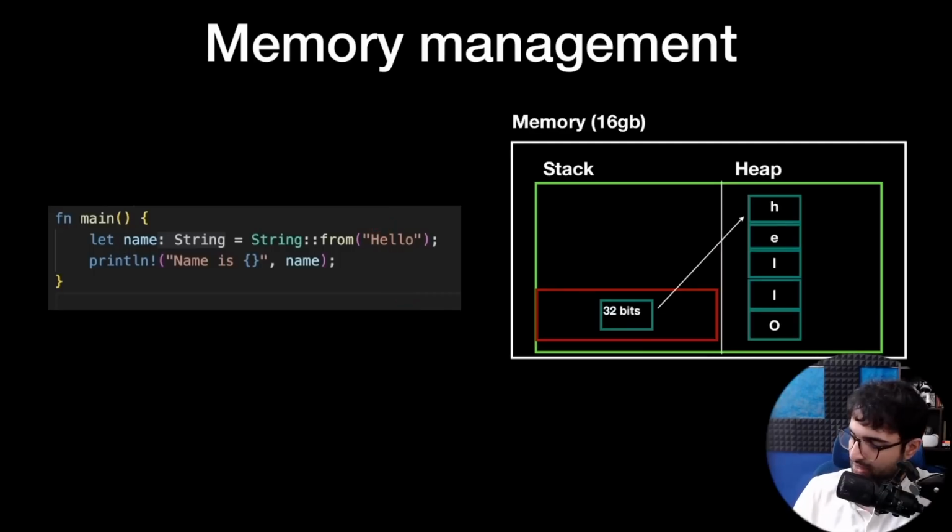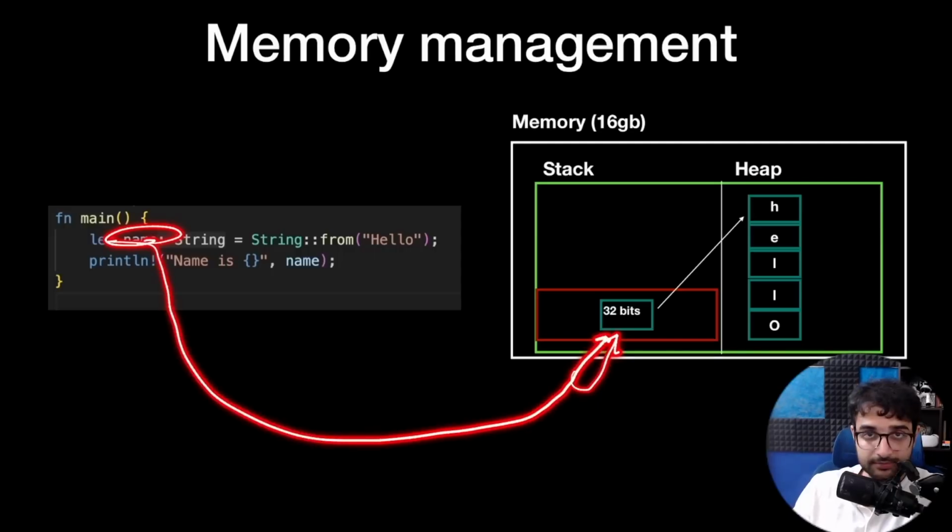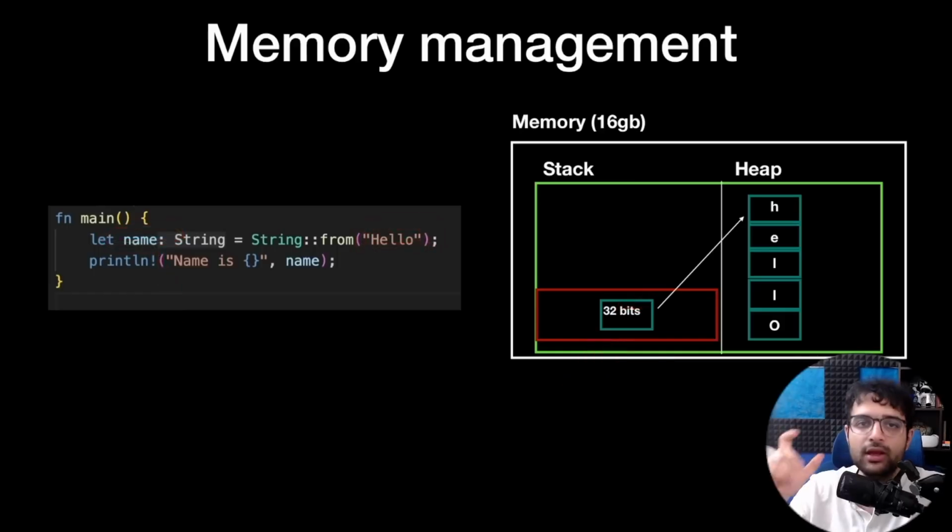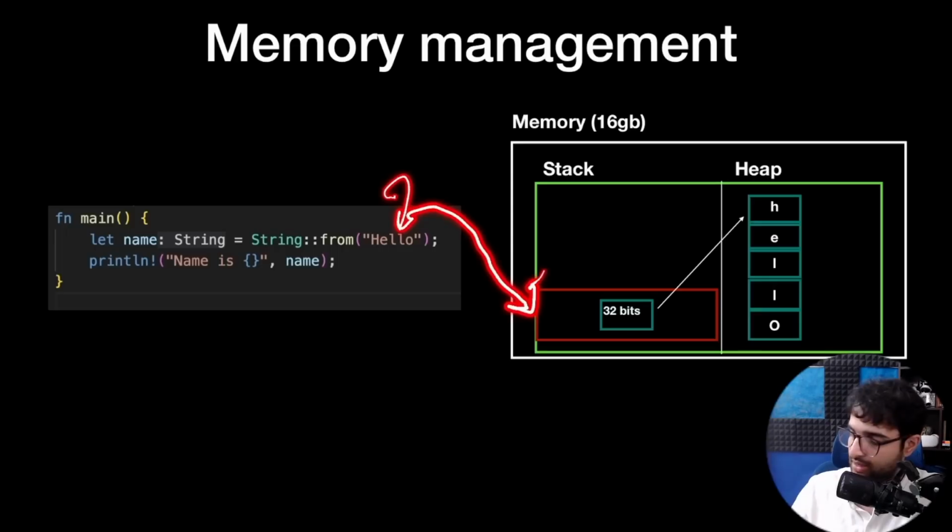When you define the string, you store this name variable on the stack. But this doesn't hold all of this value. The hello value, all of the contents of the string, are not put on the stack because you cannot predict how long the string would be eventually. Right now it is 5 letters, it is fine, you can predict.